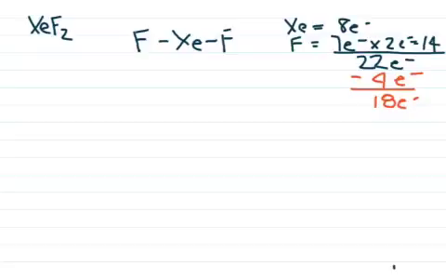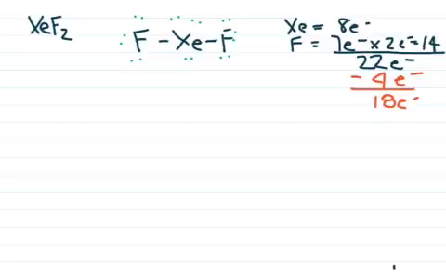So let's add in those lone pairs. Let's see if we can fill this up. Fluorine has 3 lone pairs each, so that gives us 6. And xenon, maybe we could put those 3 extra lone pairs on the xenon.